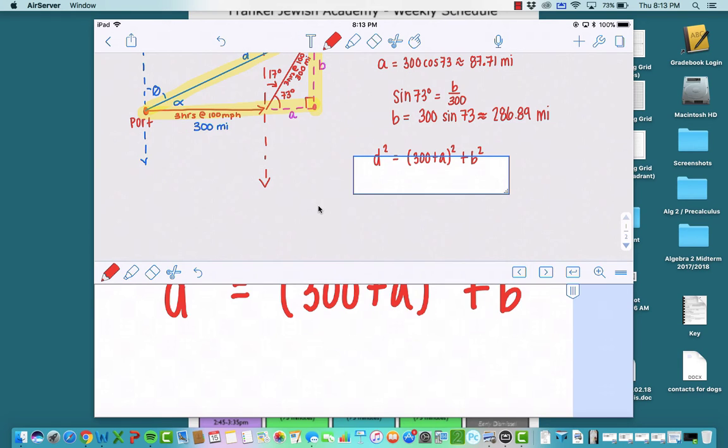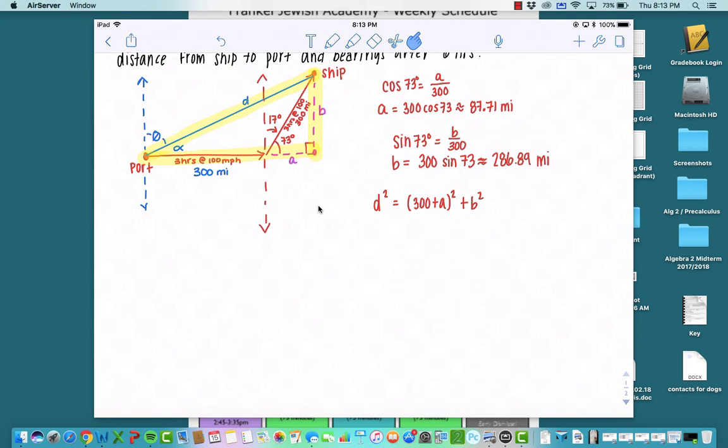I'm going to just quickly click some numbers on my calculator and solve for D. So 300 plus 87.71 squared plus 286.89 squared. Oh no, excuse me. You did not even listen to me, calculator. 387.71 squared. Okay, take the square root of that to get D.